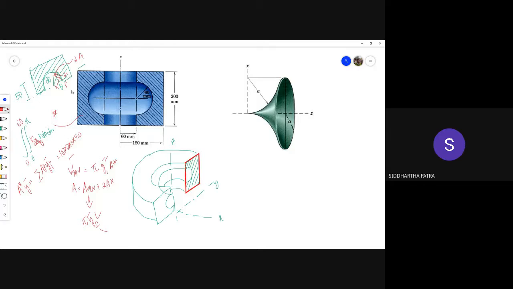Since the circle is negative, by doing this integration you would get A y bar for the circle. Whatever that is, substitute it over here, A circle, y circle, and then you have for this entire cross section how much is A y bar.